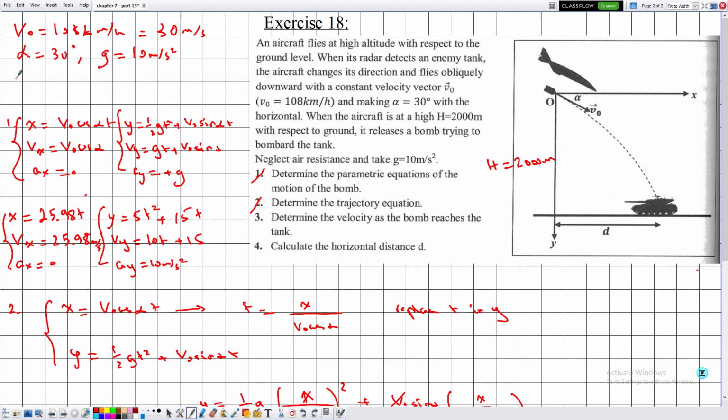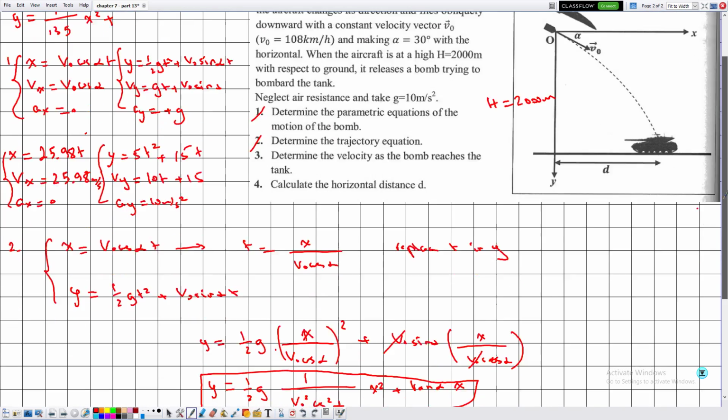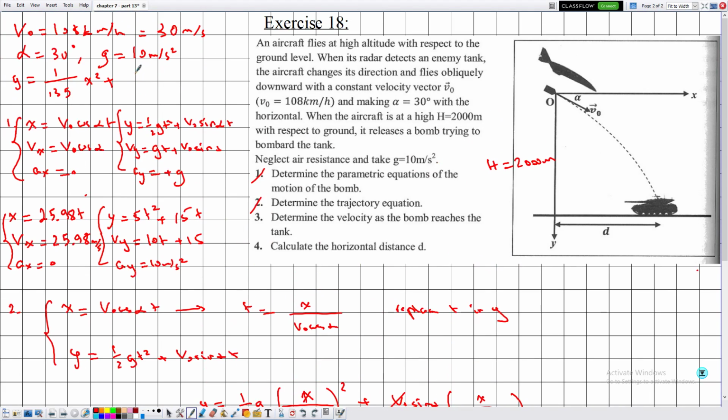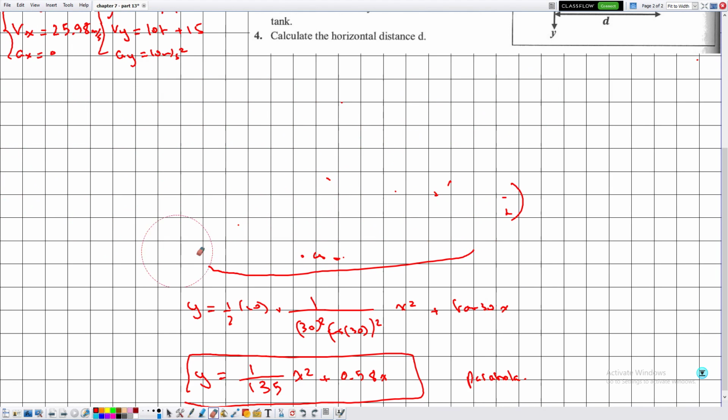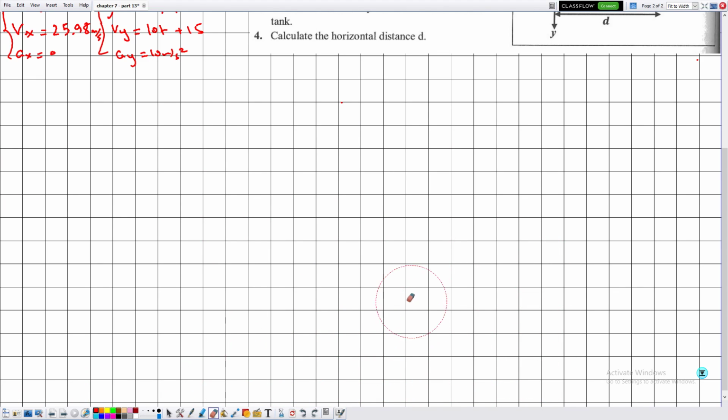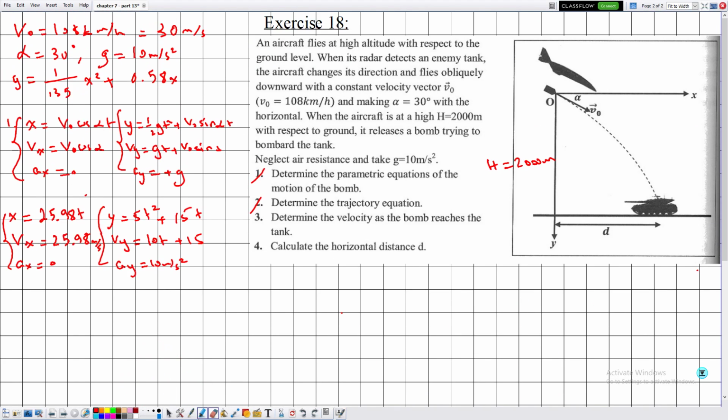We have y equal to 1 over 135 x square plus 0.58x.